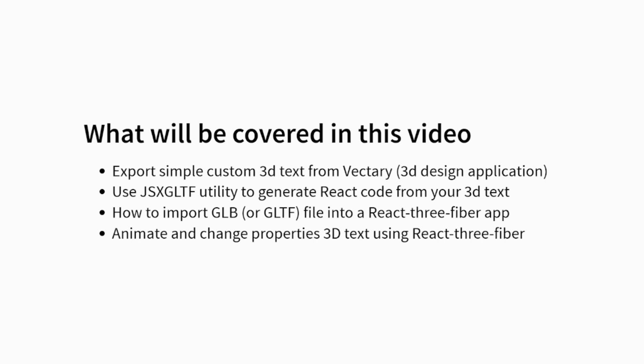There are different file formats that you can work with, but we're going to be working with GLB. I'm also going to show you how to animate and change properties of 3D text using React Three Fiber. So if you liked videos like this, please subscribe to my channel and let's get started.